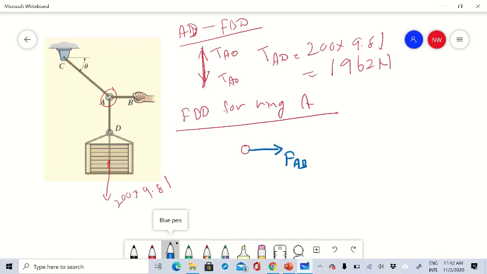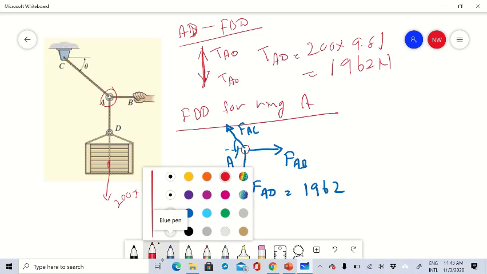There is another force due to the AD cable, which I write as FAD, equal to 1962. And there is another force in this direction, which I designate as FAC, and I take this angle as theta. We don't know the angle, right?